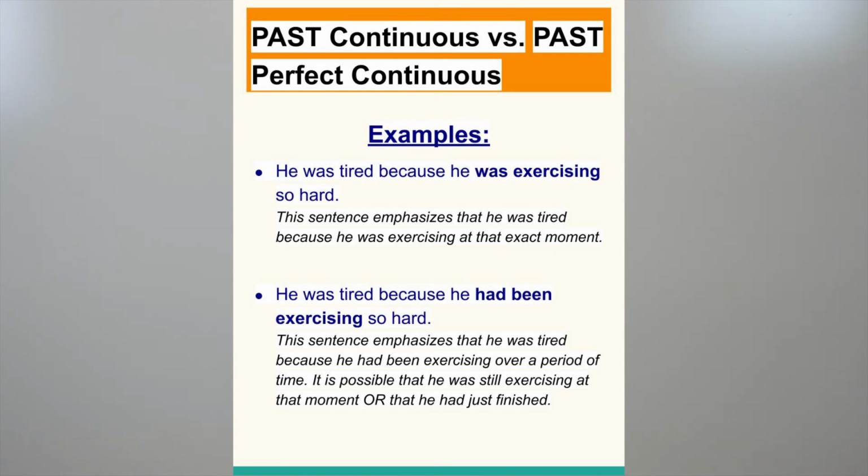"He was tired because he had been exercising so hard." This sentence emphasizes that he was tired because he had been exercising over a period of time. It is possible that he was still exercising at that moment, or that he had just finished.